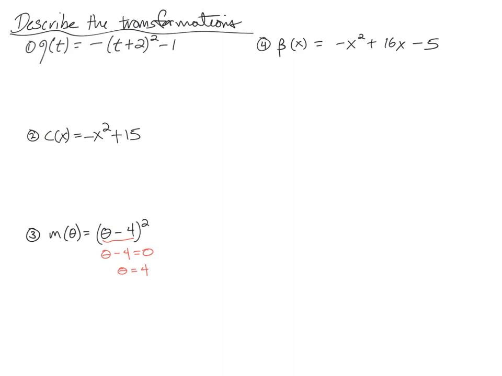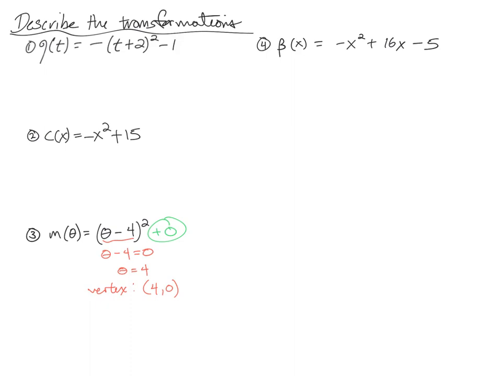The y-coordinate is just hanging out here in the back. Well, wait a minute. Where is it? There isn't one. That would be plus 0. If there's no constant being added or subtracted, then we have a 0. So we have an x-coordinate of 4 and a y-coordinate of 0. And I want you to try to picture what that would look like in your head. 4, 0.